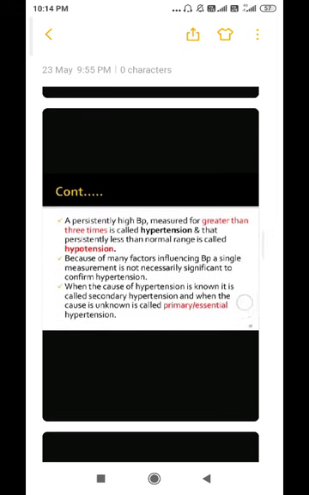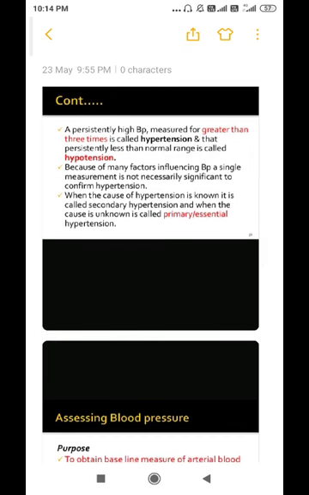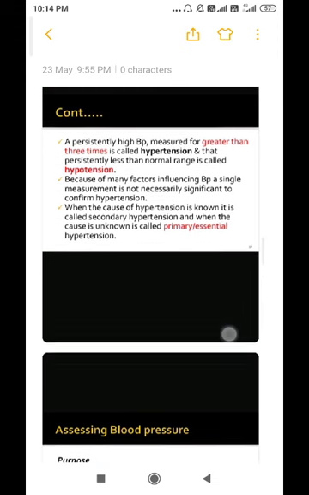A persistently high BP measured more than 3 times is called hypertension. Persistently less than the normal range is called hypotension.